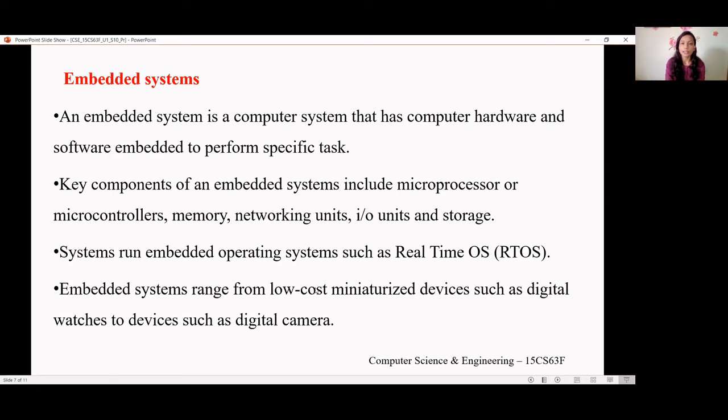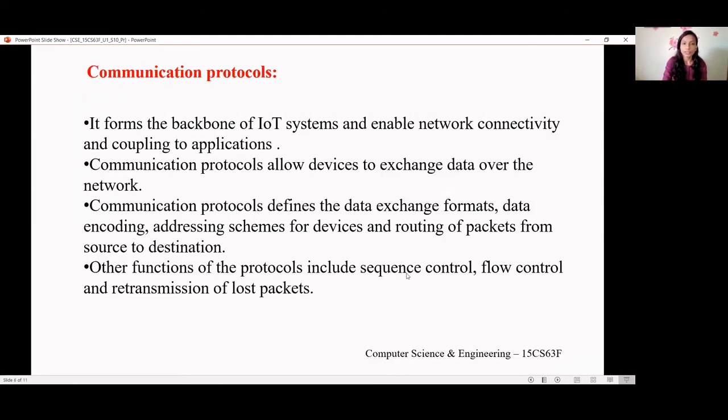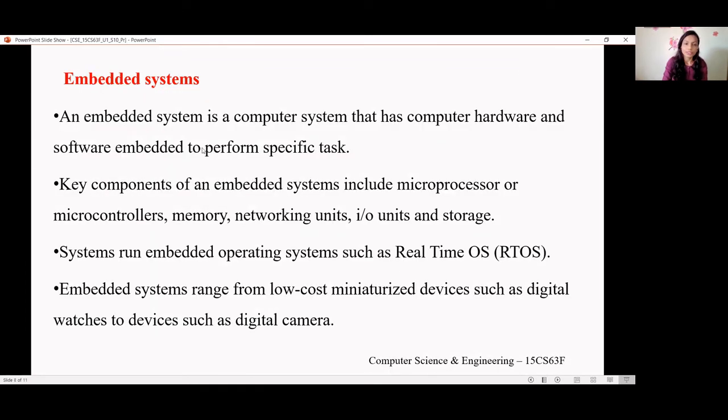Embedded systems range from low cost miniature devices such as digital watches to devices such as digital cameras. These embedded systems will be very small in size. Any doubts in embedded system? We will see one video about the embedded system, then continue.